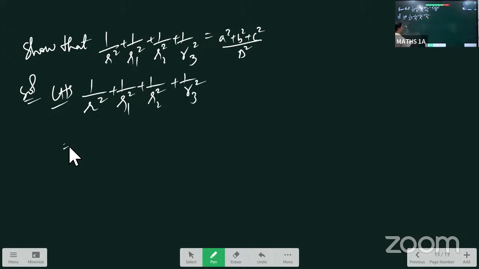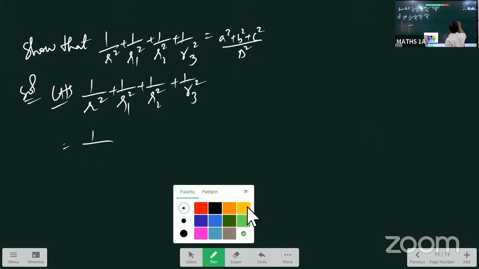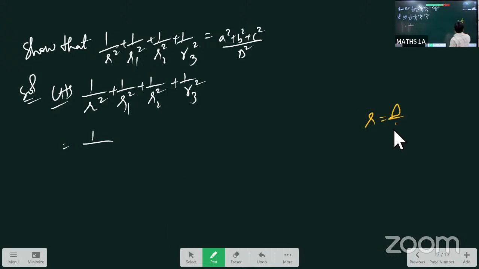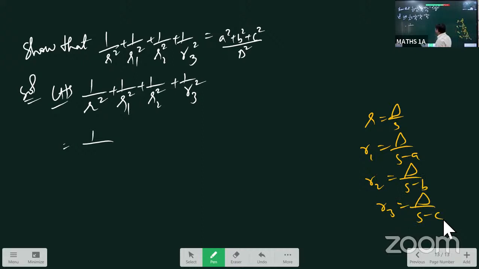What is 1 by r square? Actually, r means delta by s. I will write all the formulas once again. Here, r means delta by s, r1 is delta by s minus a, r2 is delta by s minus b, r3 is delta by s minus c.